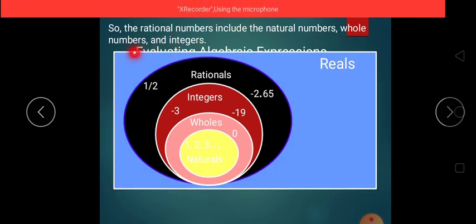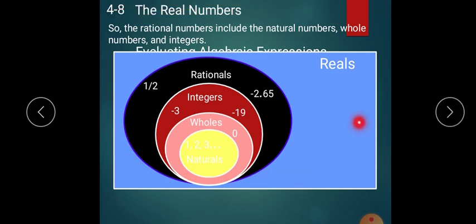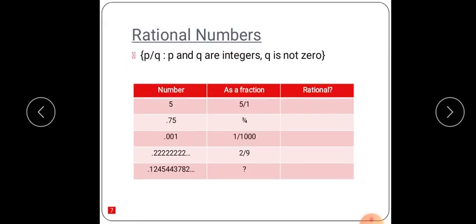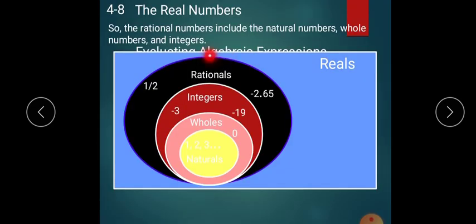So this whole thing is called the real numbers. Now we can see here rational numbers is there, so we need one irrational number. So these rational numbers plus irrational numbers together make the whole real numbers.